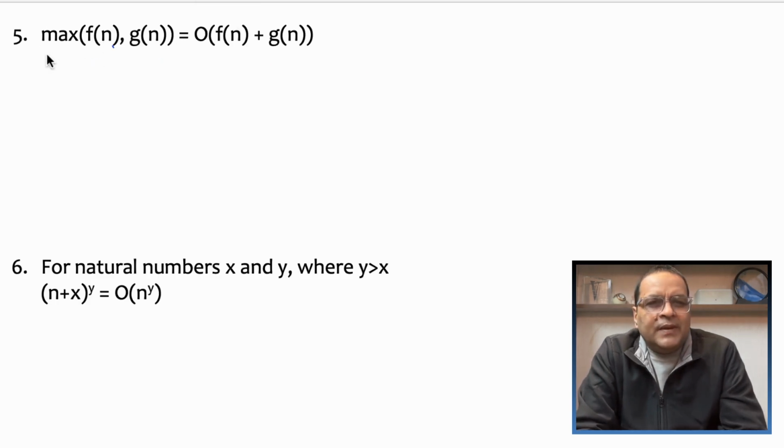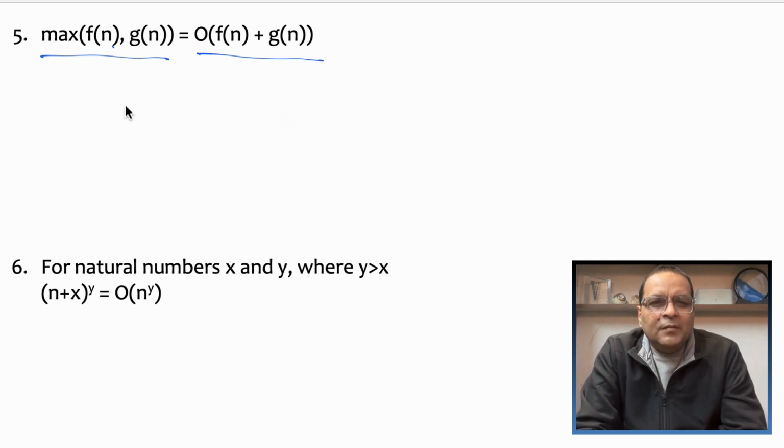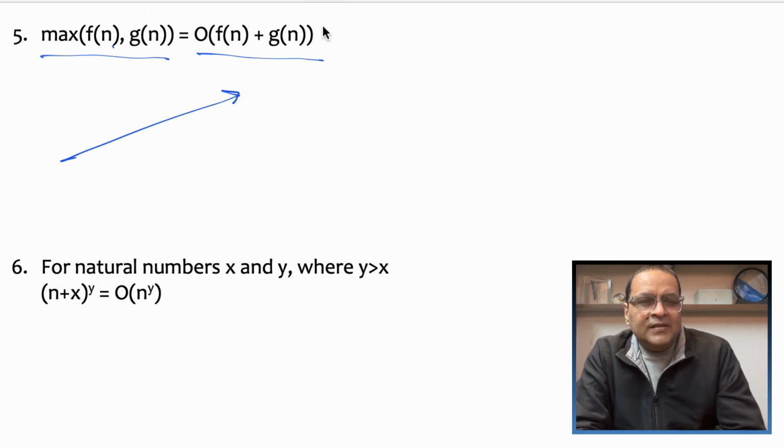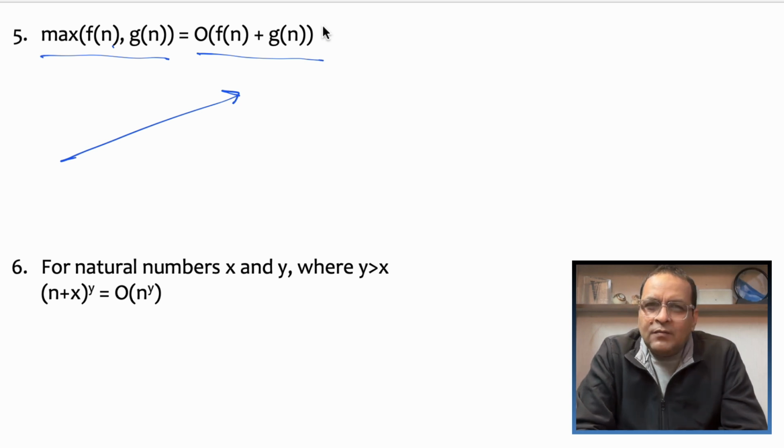So next question is maximum of f(n), g(n) is equal to big O of f(n) plus g(n). This is also correct because f(n) plus g(n) will provide an upper bound to the maximum value of f(n) or g(n). Here an unsaid thing is that all the functions that we are talking about are positive functions.